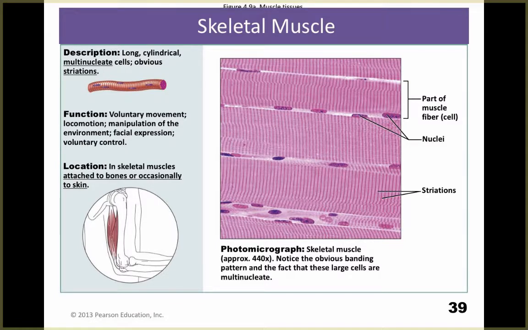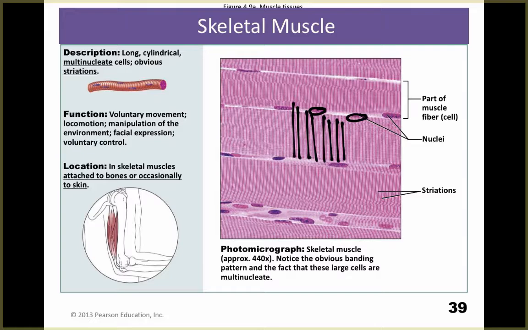It's long and cylindrical, and it's multinucleated, which means it has lots of nuclei for the different cells. It is also striated, and what I mean by striated, do you see these lines that go down this way? That's what's known as striation, and we're going to get more into how muscle cells work when we get into that section.